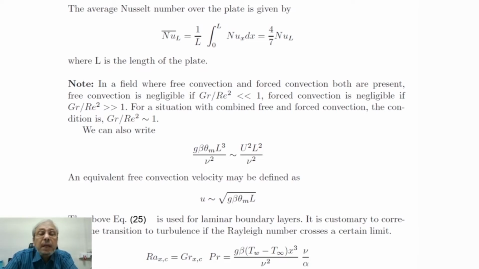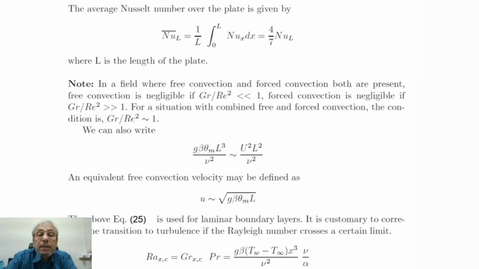Now, in a field where free convection and forced convection both are present, free convection is negligible if Grashof number by Reynolds number squared is much less than 1. Reynolds number arises out of forced flow. Forced convection, on the other hand, is negligible if Grashof number by Reynolds number squared is much greater than 1.